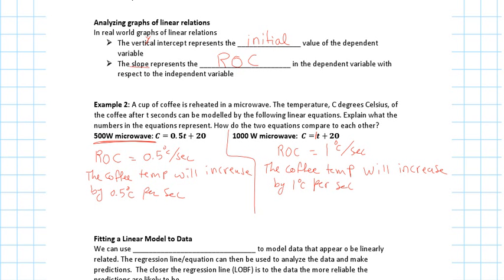How about this one? How many seconds do you have to put it in? 40 seconds. You have to double, because it's going to take double the time. And for the 20 degrees, the initial coffee temperature is 20 degrees Celsius.